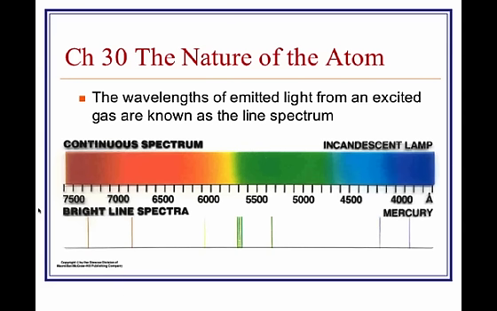Whereas if you look at, for example, a single gas or a monoatomic substance, single atoms, it produces light only at certain wavelengths. And this corresponds to the different energy levels within that atom, the different energy states of the electrons.